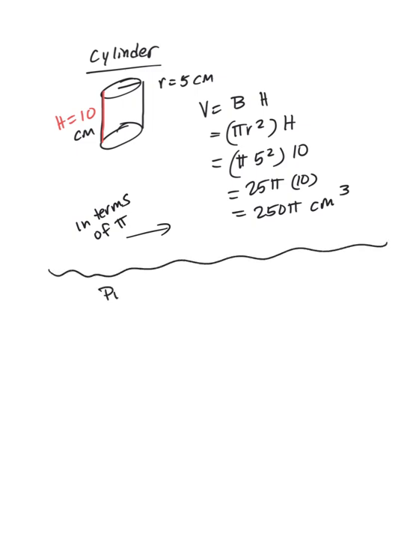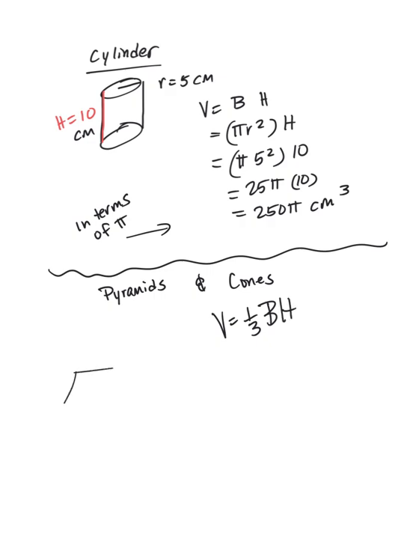And then we have pyramids. So pyramids and cones, both of these are going to be like prisms and cylinders, except that you're going to be multiplying by 1/3. So it's 1/3 the base area times the height.